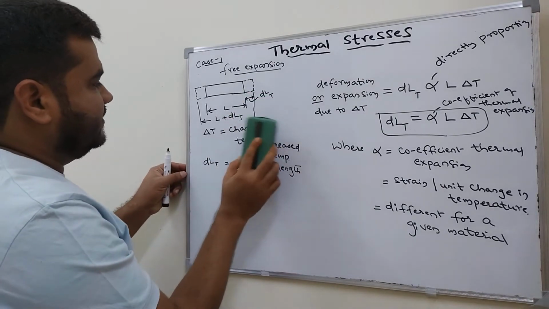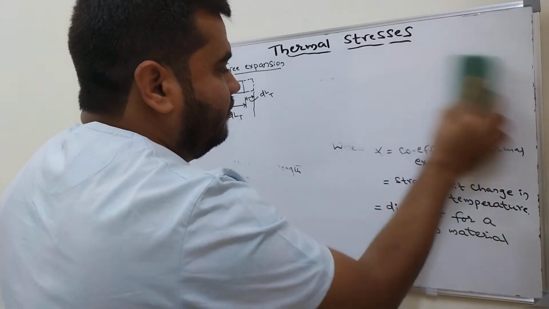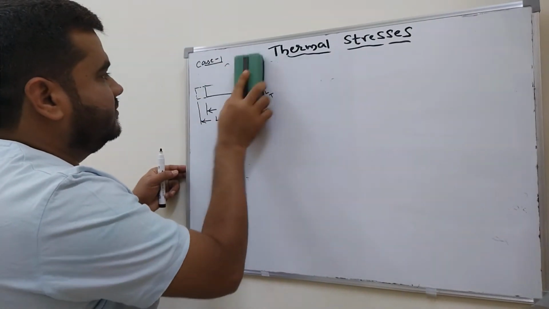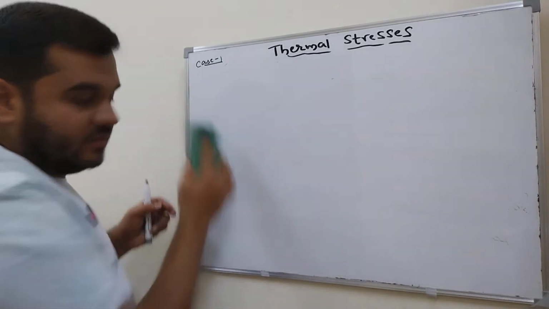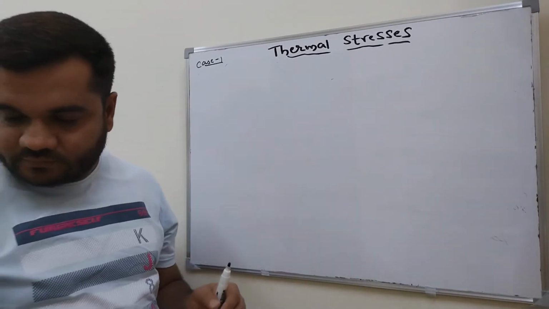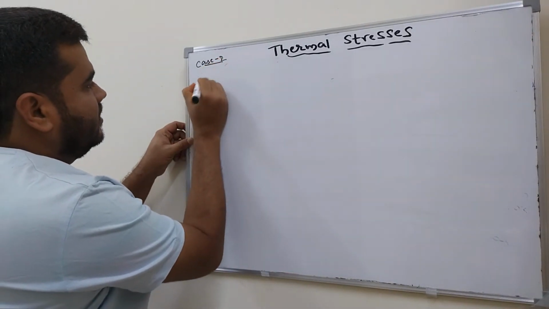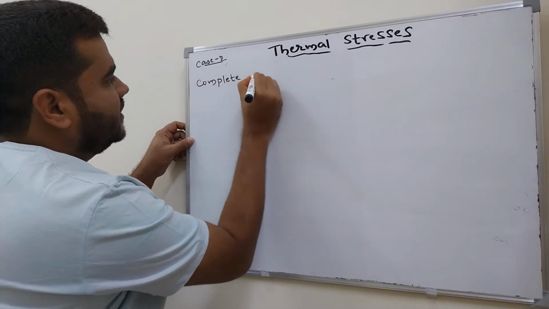So in the second case, case 2, we are applying constraints: complete constraints.